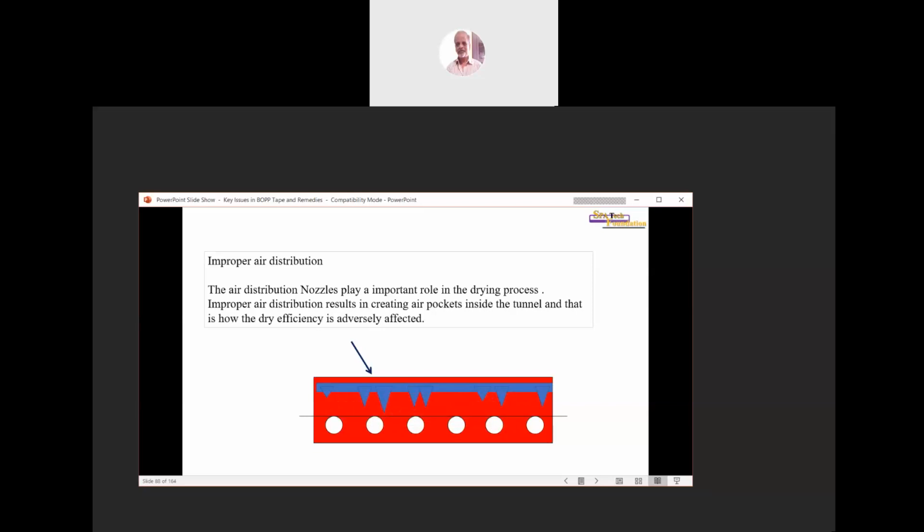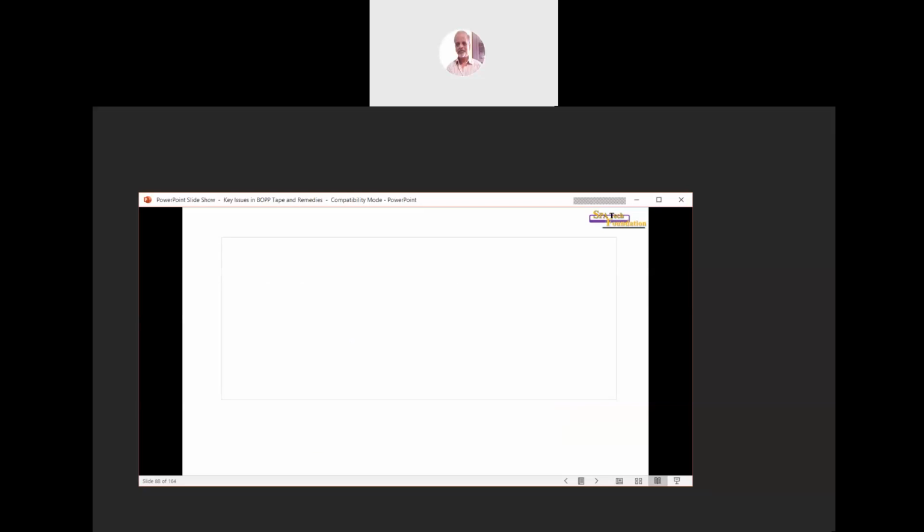Some nozzles are very small in size, some of them are very big, and some of them are in between. But this creates a big problem like creating air pockets. The nozzles which are very close are going to disturb the wet coating. The nozzles which are very small in size are not able to deliver a sufficient amount of air for evaporation.